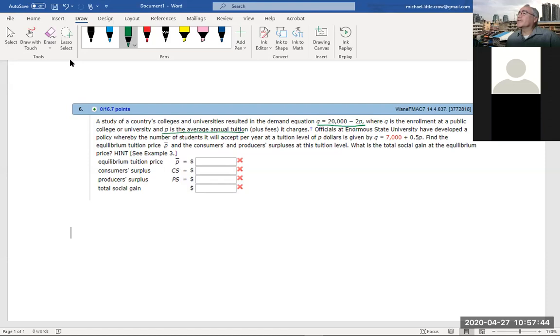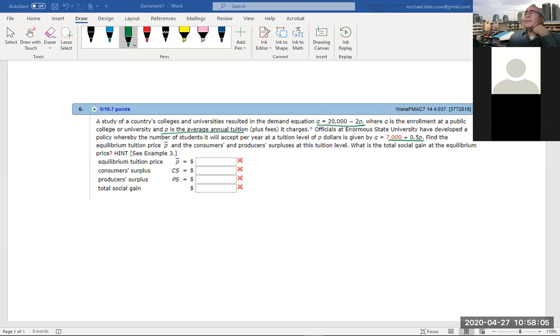Officials at a normal state university have developed a policy whereby the number of students it will accept per year at a tuition level of P dollars is given by this equation. That's how many it will admit. So let's get that.